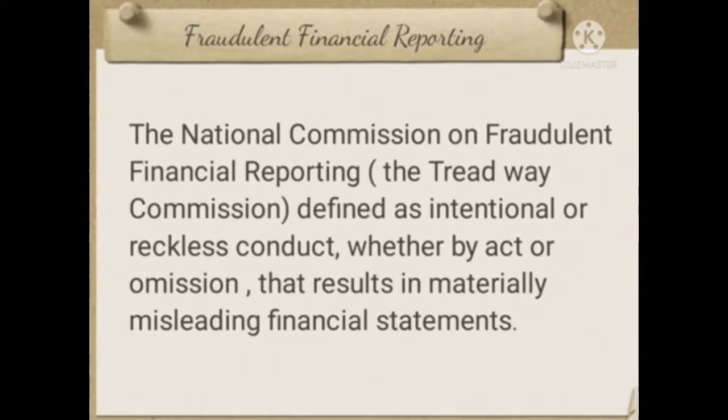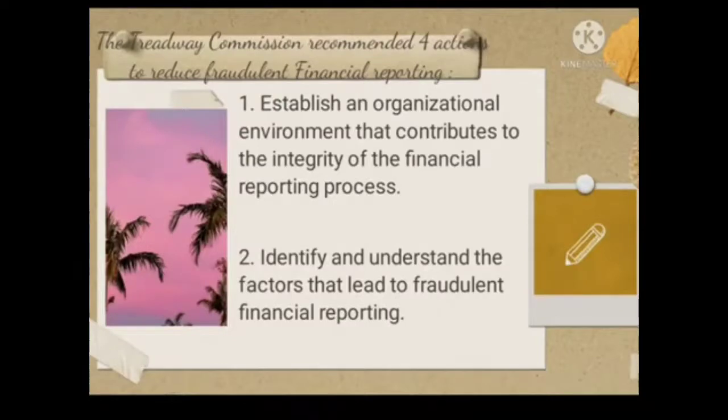The most frequent cook the books schemes involve fictitiously inflating revenues, holding the books open, which is recognizing revenues before they are earned, or closing the books early, which is delaying current expenses to a later period, overstating inventories or fixed assets, and concealing losses and liabilities. There are four Treadway Commission recommended actions to reduce fraudulent financial reporting.